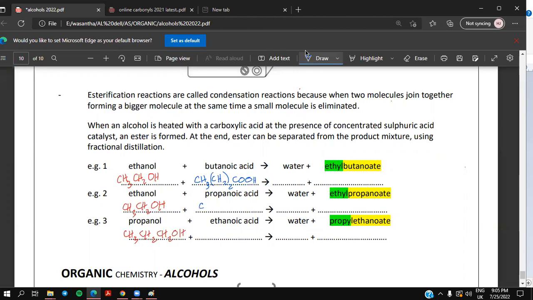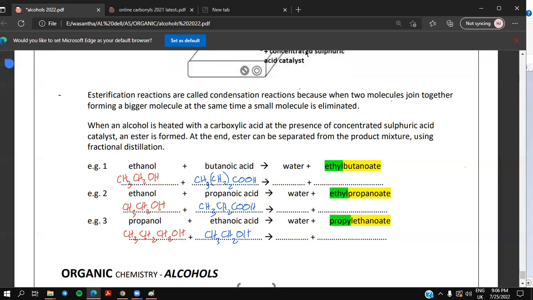Propanoic acid is CH3, CH2, COOH. Ethanoic acid is CH3, COOH. Now, in your tute, can you write the formula of the esters?